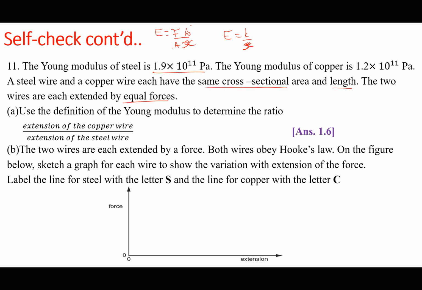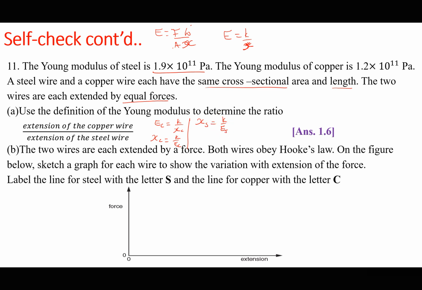So I'm going to come up with two equations only. For copper, Young modulus for copper is equal to a constant over extension x for copper. So that means x for copper is equal to K over Young modulus of copper. That also means x for steel is K over Young modulus for steel.